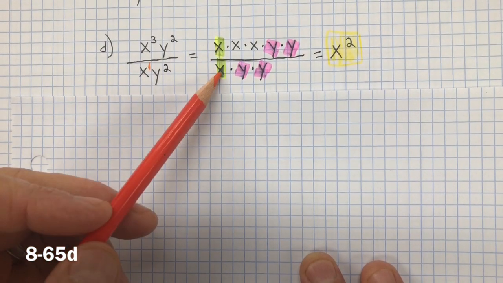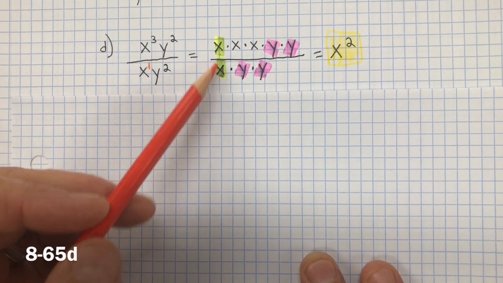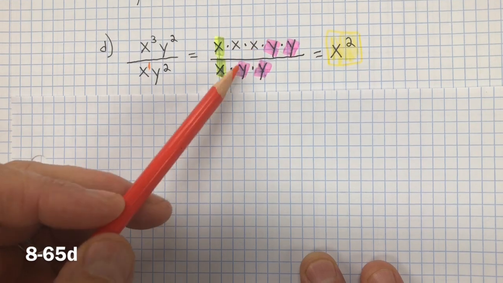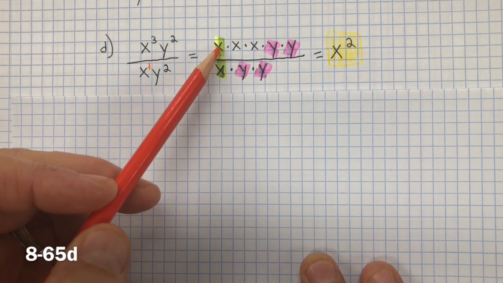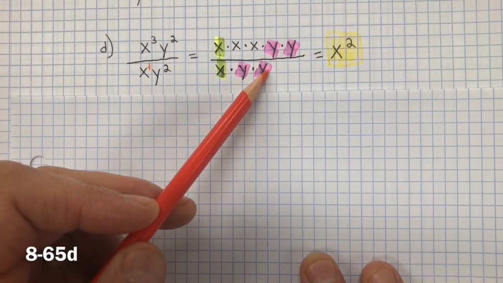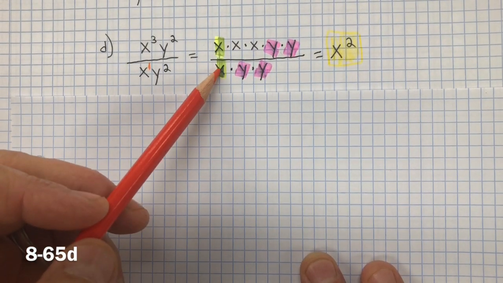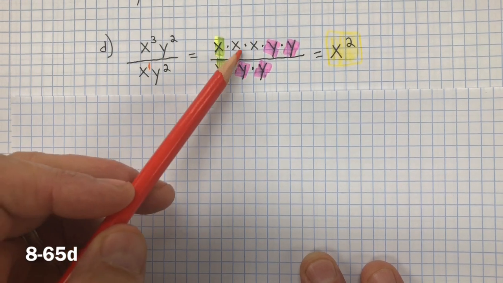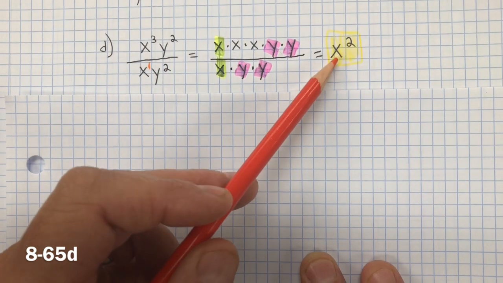So now here's a big 1, x divided by x is 1, and y divided by y is 1, y divided by y is 1. So those eliminate by the identity property of multiplication. Anything multiplied by 1 is itself. And then we have x times x, which is x squared.